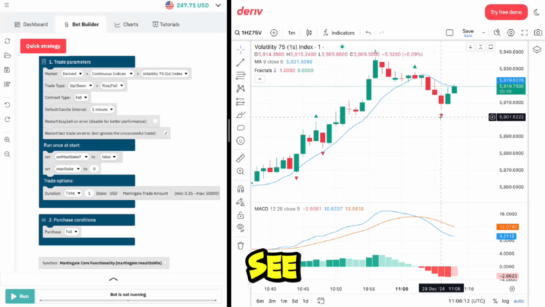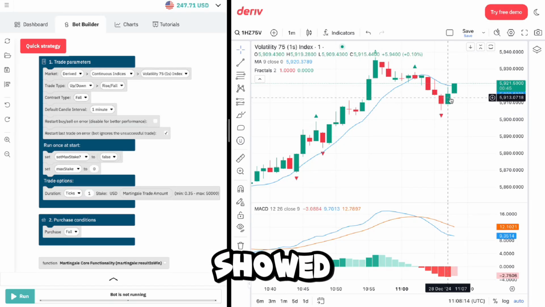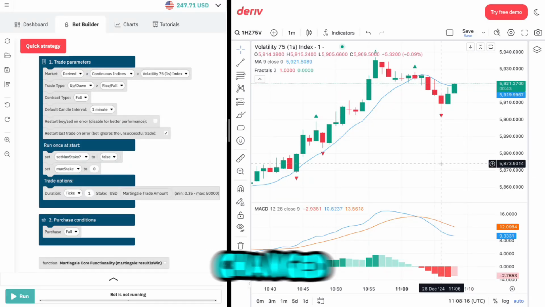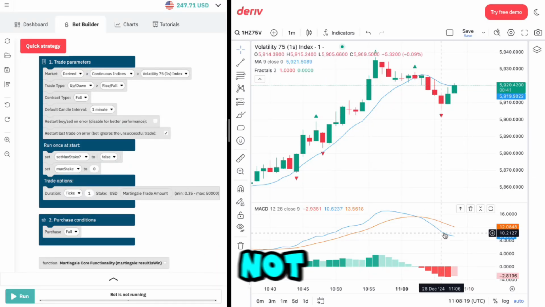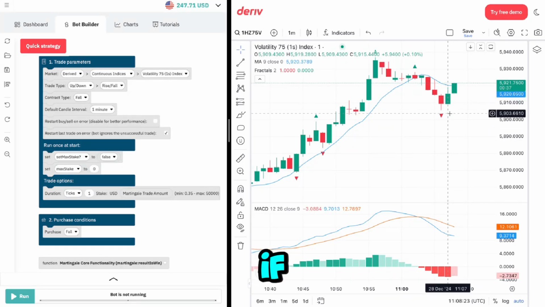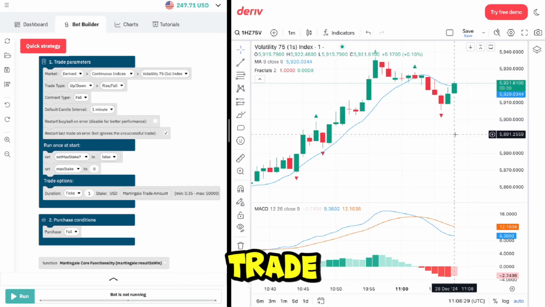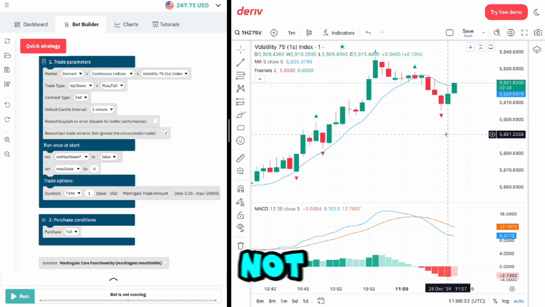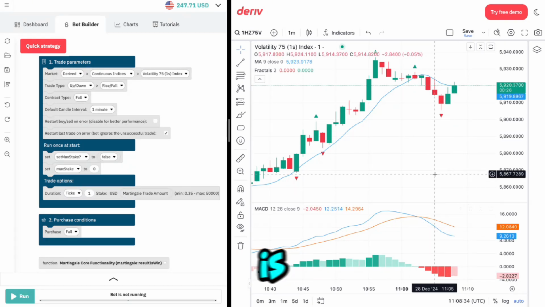So you can see the fractal showed the market is changing, and yes, it has changed, but the MACD has not shown. So that's why I'm not trading right here. Yes, if I was using the raw candlesticks like I do for my normal trades, I would be in that trade right now. But I'm not entering because the MACD is not showing.